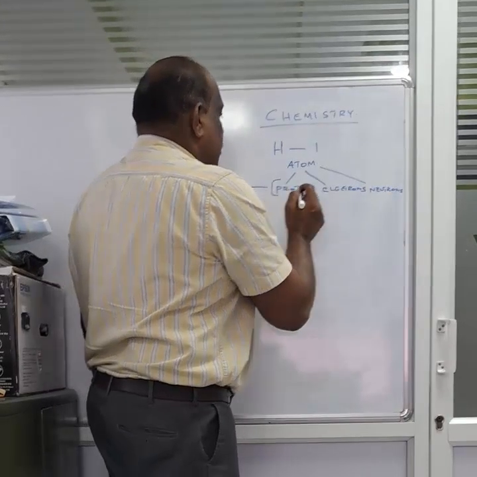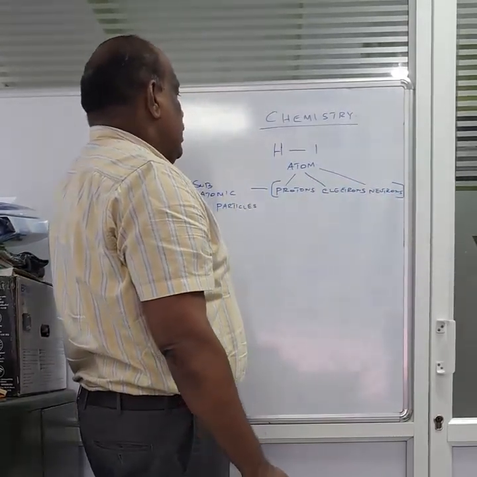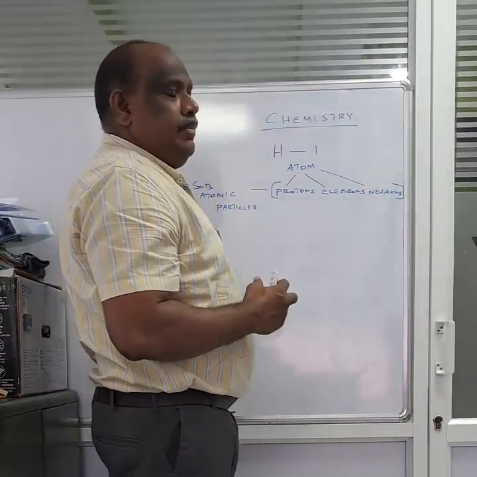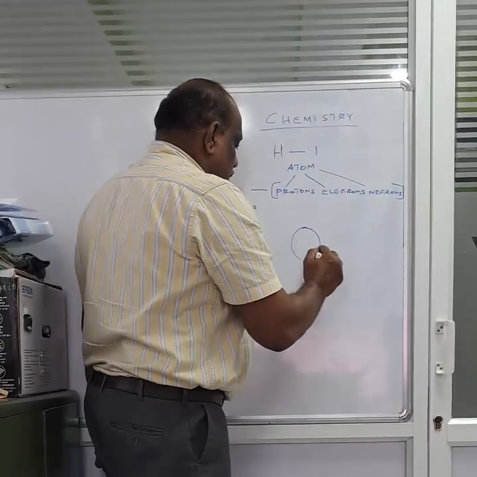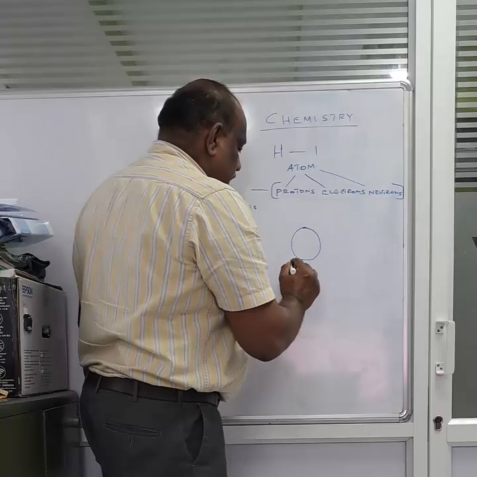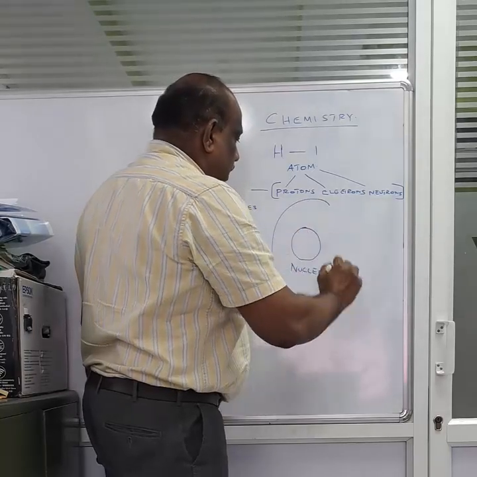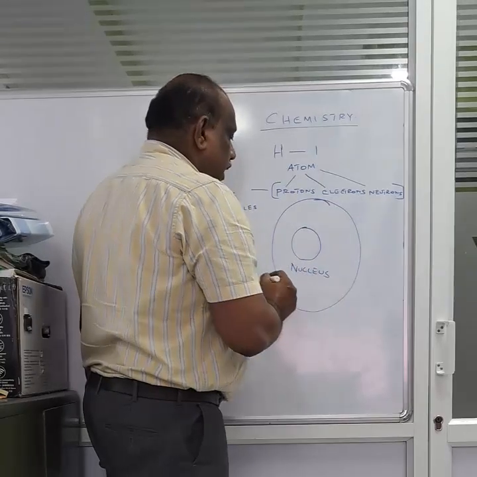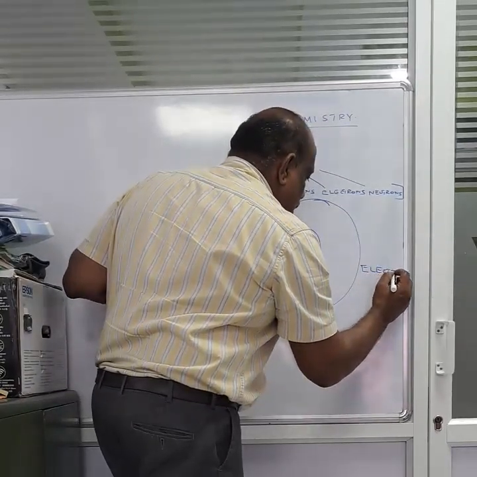So these are three important components of an atom. In case of an atom, let us take a hydrogen atom, it has two components. One is the nucleus. The central portion is called the nucleus, surrounded by the electron cloud.